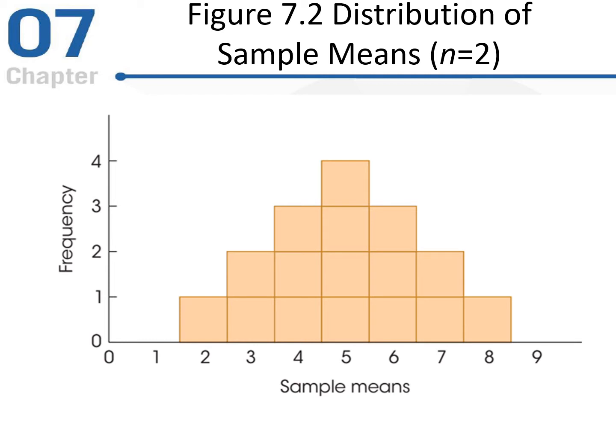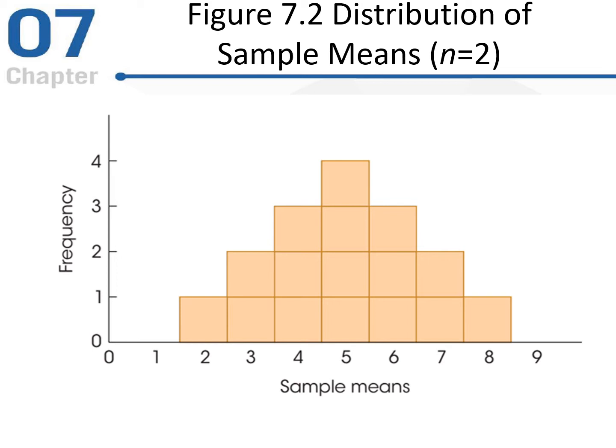Once again, this is all just for an educational experience. This is not realistic. You would never have 4 members of the population and take a sample size of 2. But to help you generate the sampling distribution of the means, it's useful to use a very small problem like this.